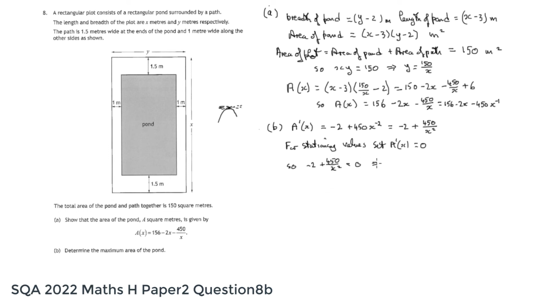Now, let's multiply through by x squared. All terms get multiplied by x squared. And let's add 2x squared to both sides. We get 450 equals 2x squared. So therefore, x squared, divided through by 2, will be 225.